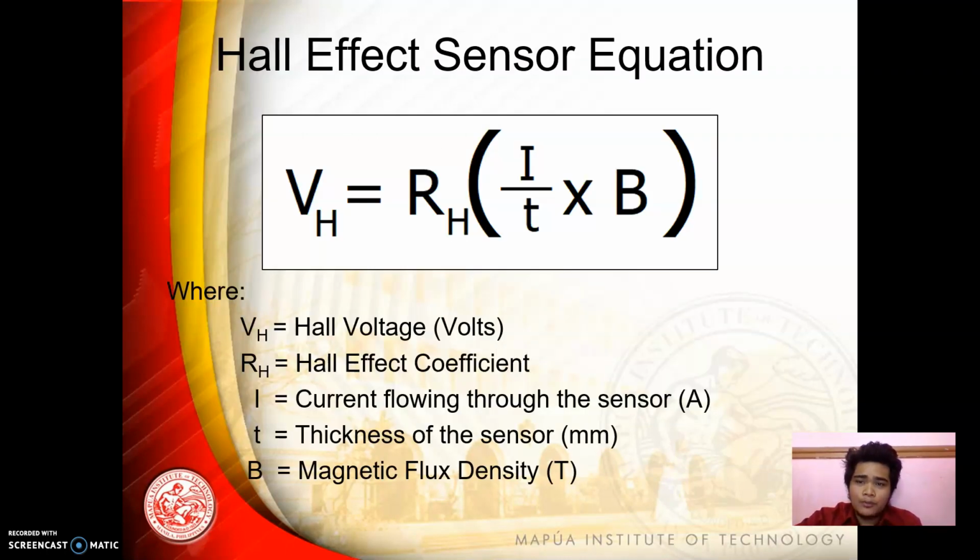This output Hall voltage is given by the equation VH equals RH times I over T times B, where VH is the Hall voltage in volts, RH is the Hall effect coefficient, I is the current flowing through the sensor in amperes, T is the thickness of the sensor in millimeters, and B is the magnetic flux density in Tesla.